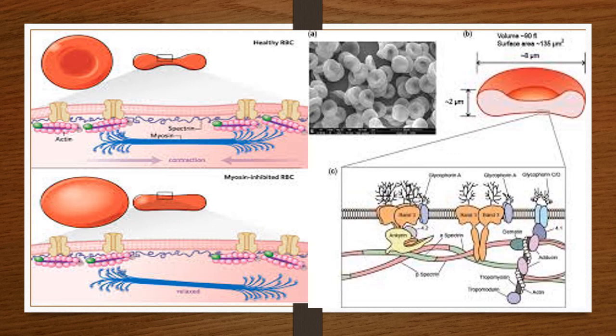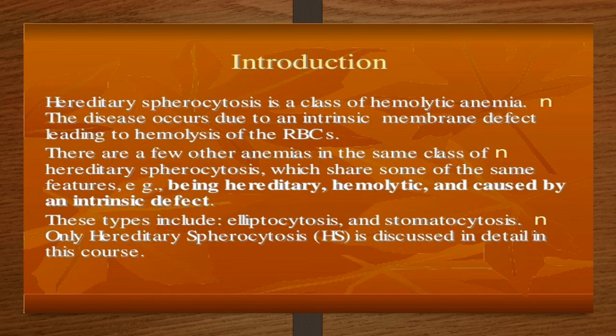It is the structure of these proteins that maintains the biconcave shape. You can see the biconcave shape of the RBCs here. If these proteins are absent, abnormal structure will be seen in the RBCs.